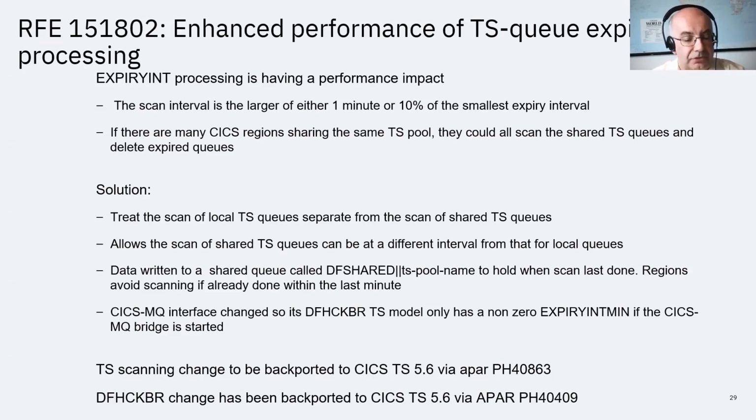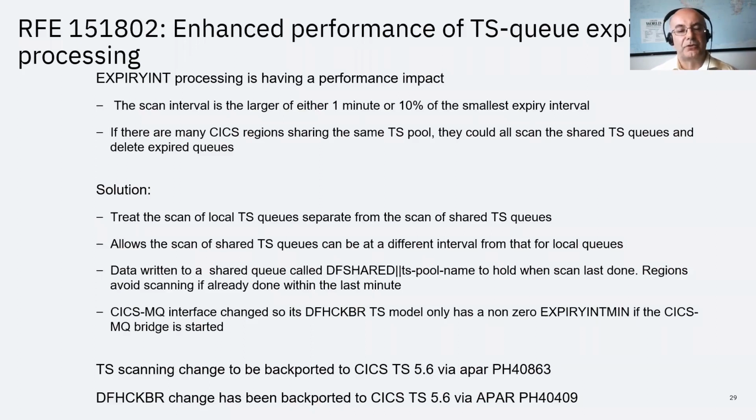And the last change that we did was correct an inadvertent change that we'd made when we were enhancing the CICS MQ bridge. And Rob, you'll remember this. We made some enhancements to the CICS MQ bridge to improve what's called route mem processing.